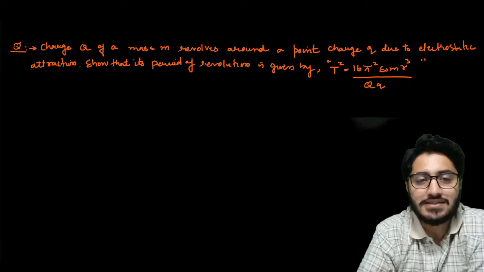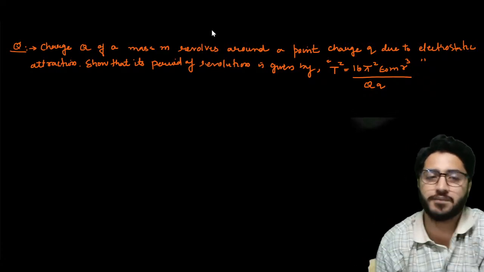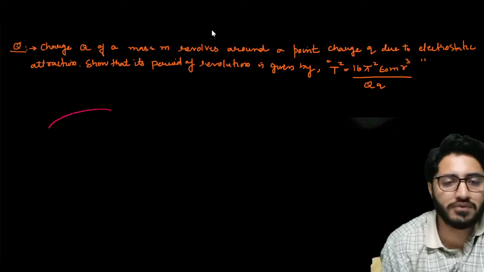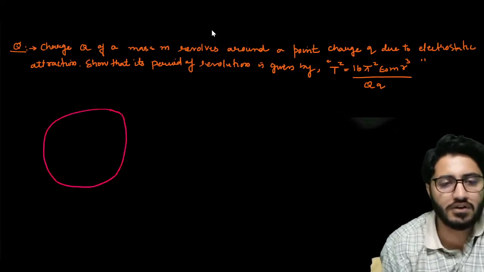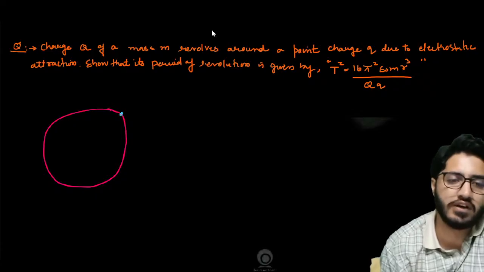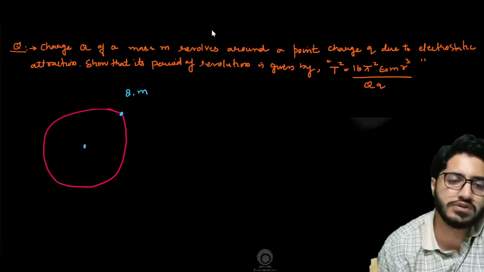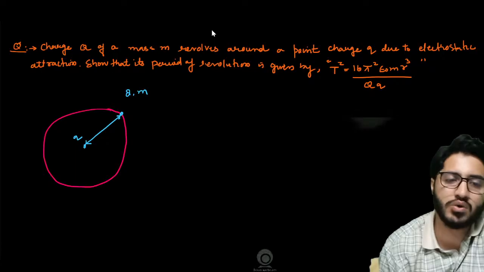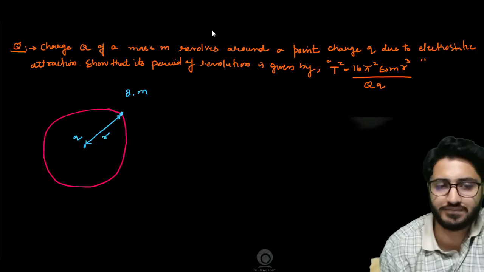Show that its period of revolution is given by some equation. So if we have something like this, a charge q with mass m revolves around a particular charge Q due to electrostatic force.